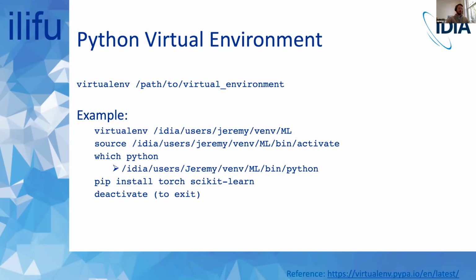So you would source this. At this point, if I type which python in the command line, I will get the output pointing to the Python at this bin directory inside my virtual environment. In that case, I can then pip install the packages that I want to use, and it would install into this directory structure. And then to exit the virtual environment, you can just type deactivate.